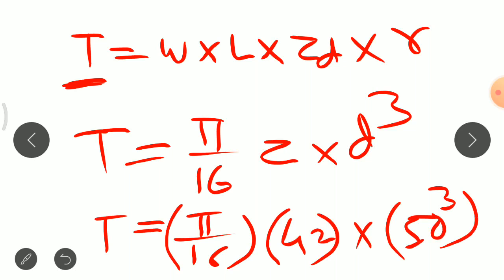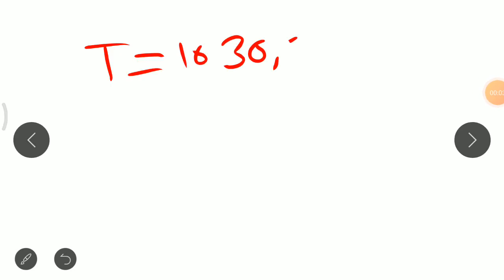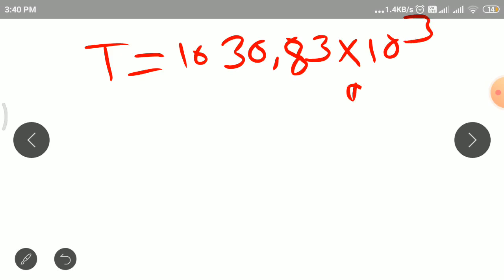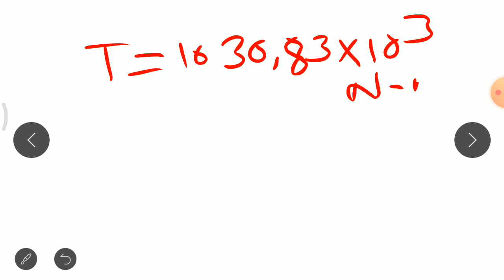Find the value of torque. We have both quantities in the same unit, mm, so we will get the torque in Newton mm, that is 1030.83 into 10 to the power 3, and the unit of torque is Newton mm. This is our first quantity.